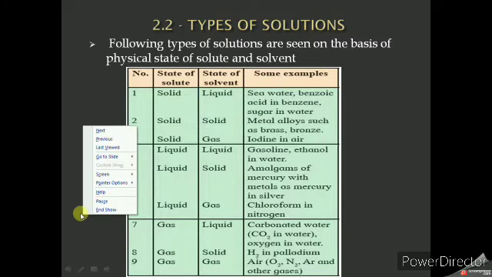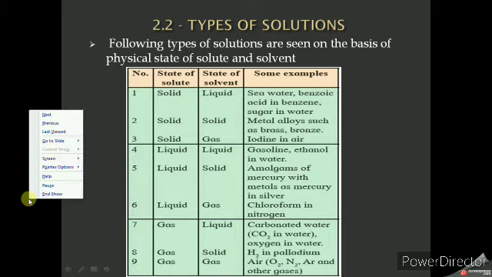That is the types of solutions. There are different types of solution on the basis of physical states of the solute and solvent. All are familiar with three physical states: solid, liquid and gases. If we make different combinations, we get 9 types of solutions.